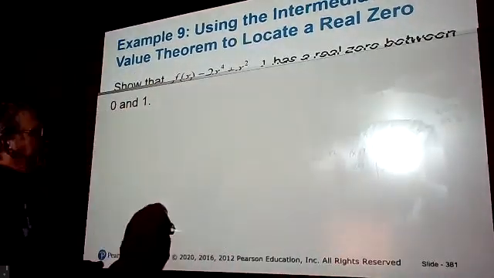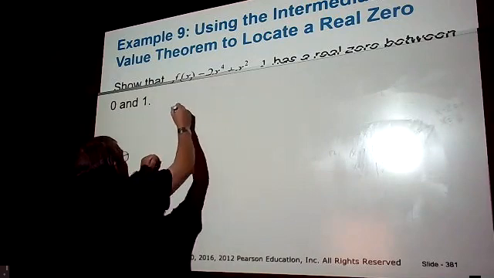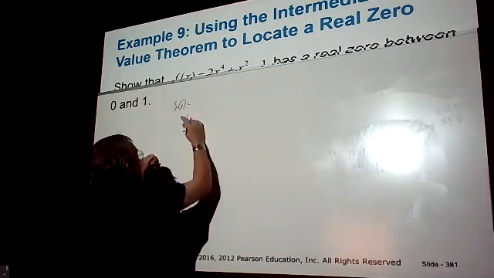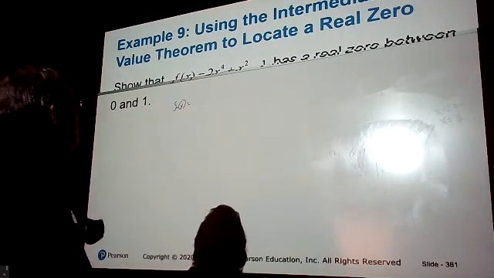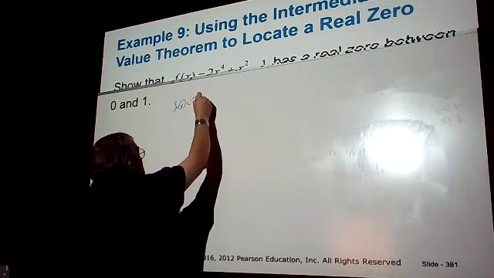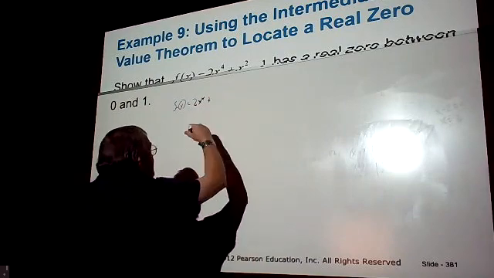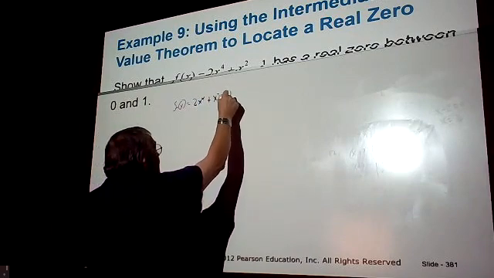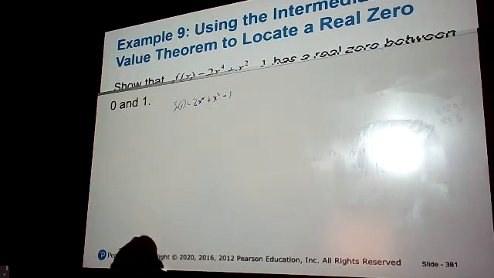And that would work. Okay, but anyway, that function there is f of x equals 2x to the fourth plus, is that just x squared, I think, minus 1. So we want to show that it has a real zero between those two numbers. So we want to find out, is f of 0 positive or negative, and find out if f of 1 is positive or negative, and are they opposites?